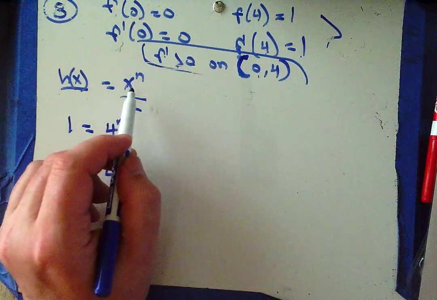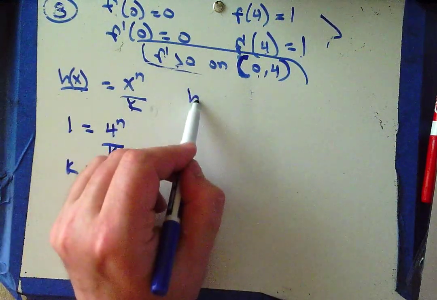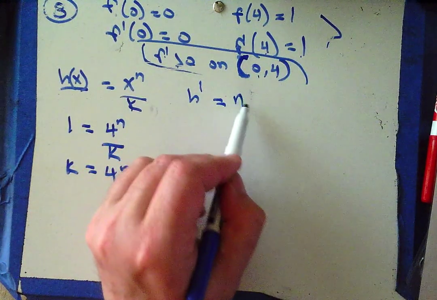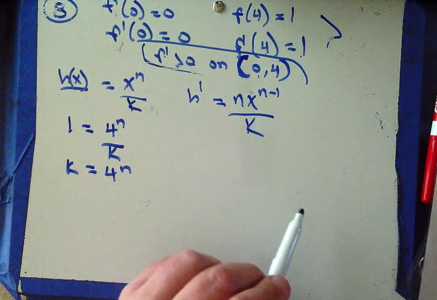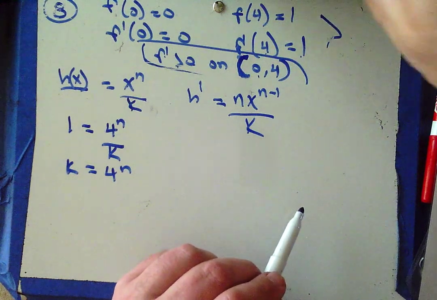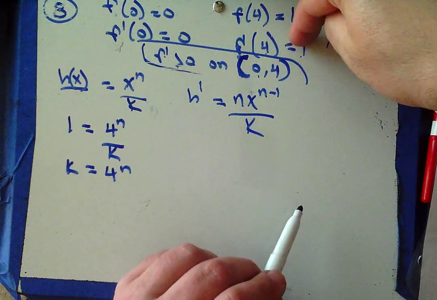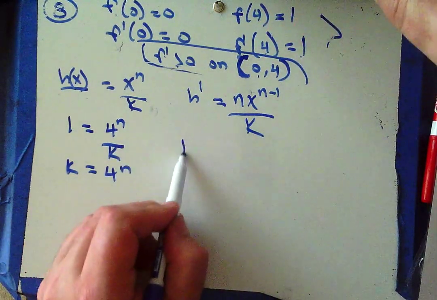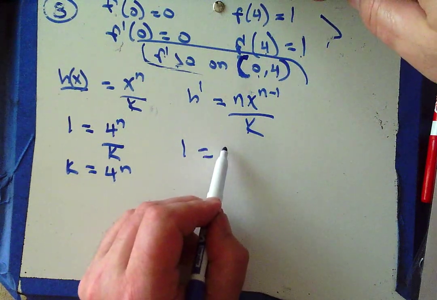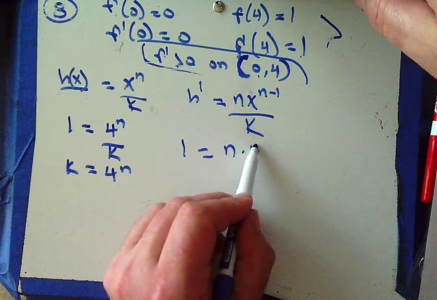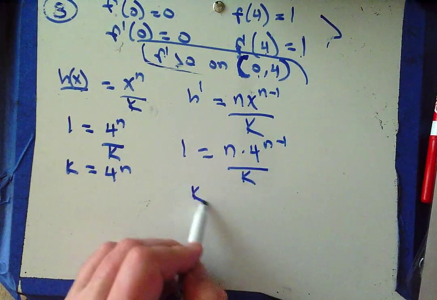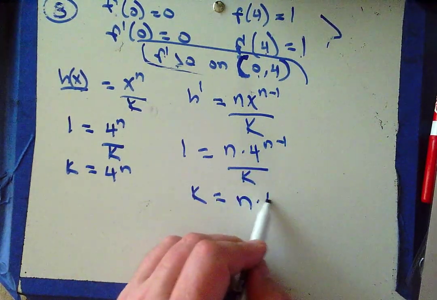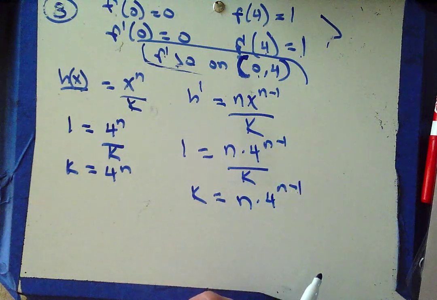Now, the derivative of this function, h prime, will be n x to the n minus 1 over k. If we plug in our 4, 1 here, we get 1 equals n times 4 to the n minus 1 over k, or k equals n times 4 to the n minus 1.